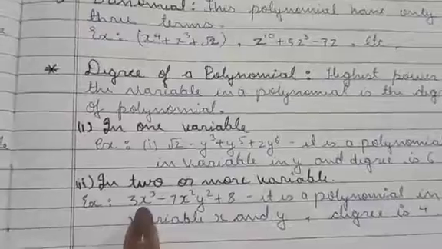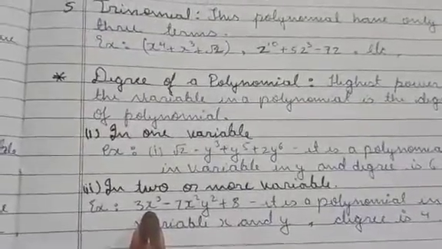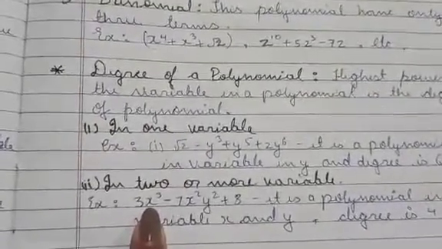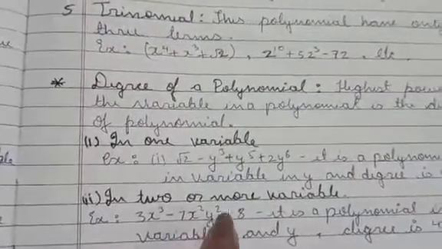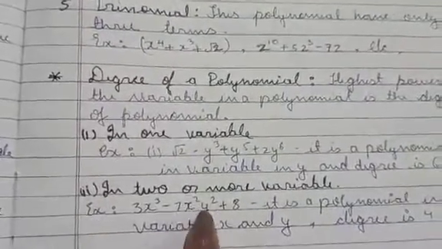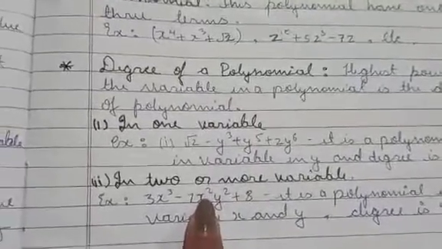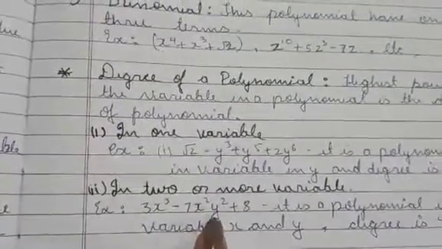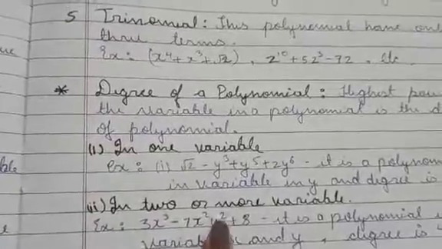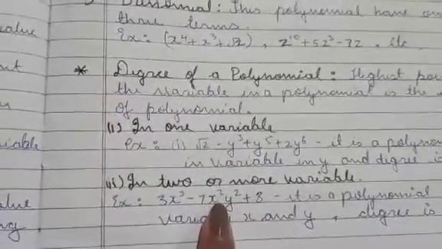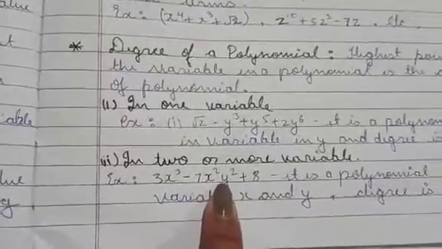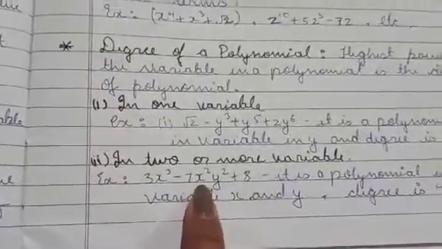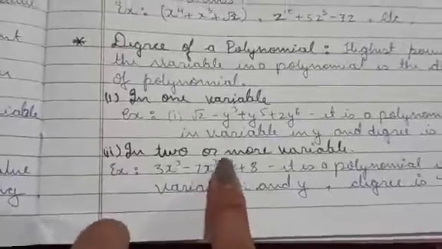Okay, see in first term power of variable is 3. In second term we have two variables x and y, and power of x is 2 and power of y is 2, and x and y are in multiplication, so their power will be added. So in second term variables are x and y and power of this variable will be 4.